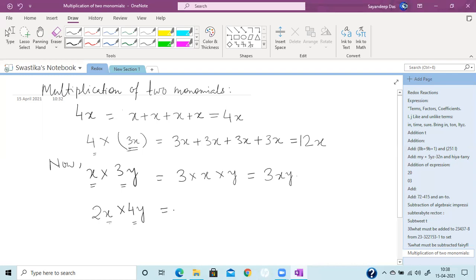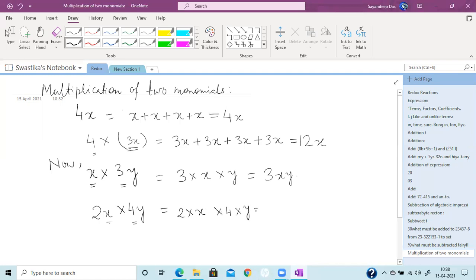So first we can multiply the numbers. We can write it like this: 2x means 2 into x, and 4y means 4 into y.